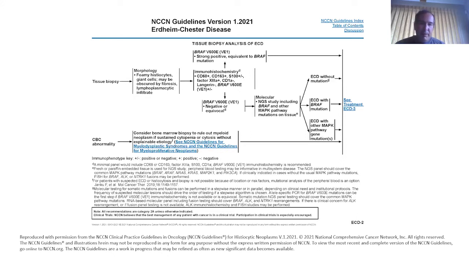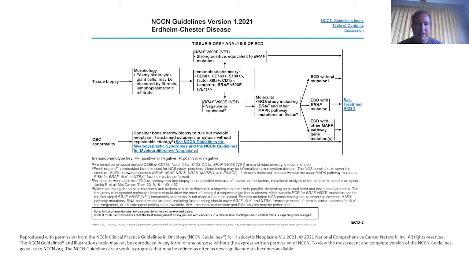Occasionally, despite all the testing, either because of technical reasons or inadequate tissue, we aren't able to perform sufficient BRAF testing, in which case we did create guidelines actually for the setting in which the mutation status is unknown, acknowledging that this can happen. I should also mention there is an increased risk of myeloid neoplasms in patients with histiocyte diseases.